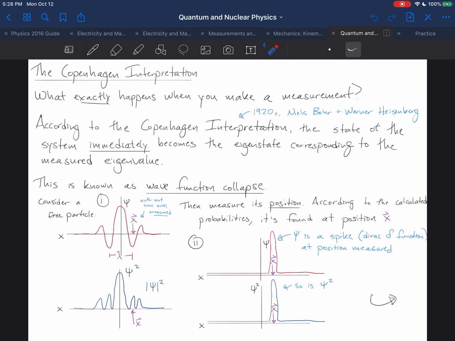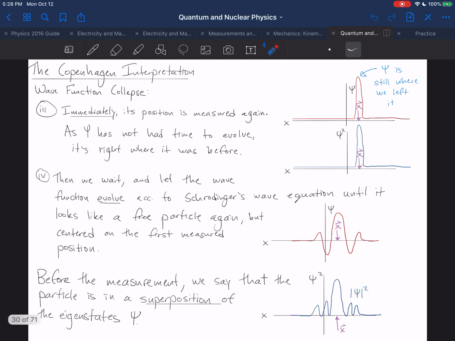There's no particle there at all until the measurement is made, at which point the particle is found. According to the calculated probabilities, it's now found at position x, and so the wave function is now a spike. In particular, it's what is known as the Dirac delta function, right at the position it's measured, with 100% probability right here, and so is psi squared.